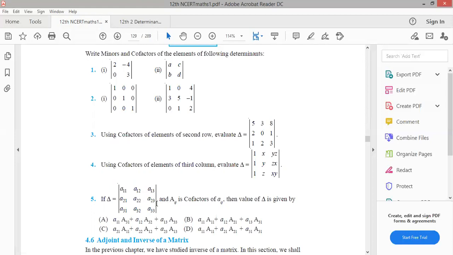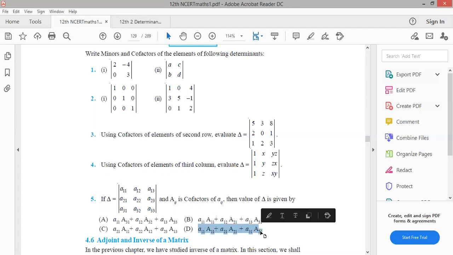In the first part, it is a11 multiplied by A31. No, this way we cannot calculate it. It's a11, A11, a12, A21. No, it's not. It's a11 A11, a21 A21, a31 A31. Yes, it's correct. Part D is the correct option.